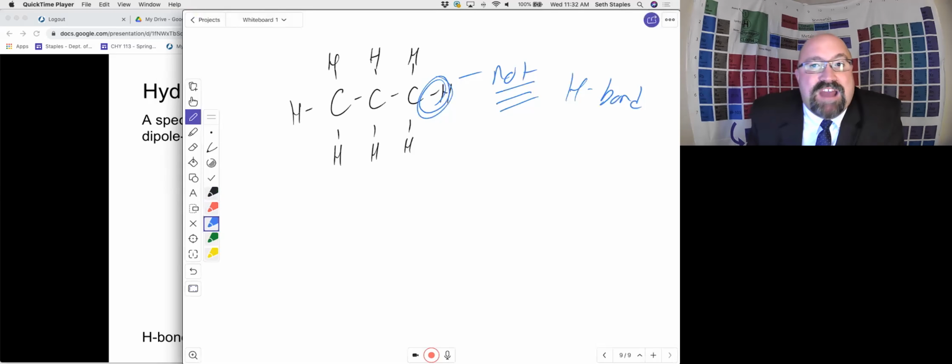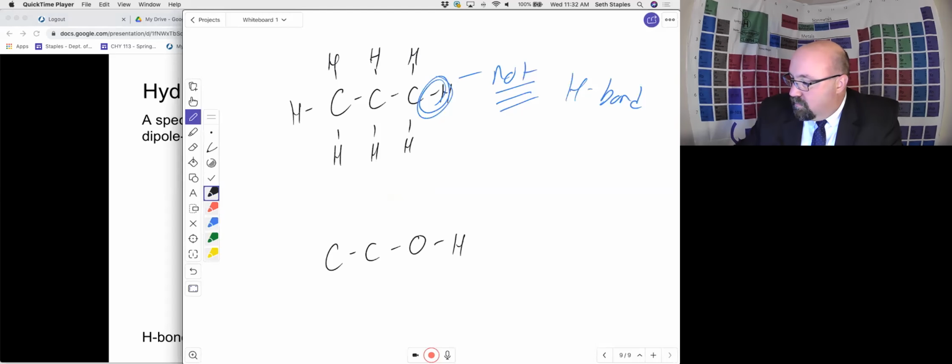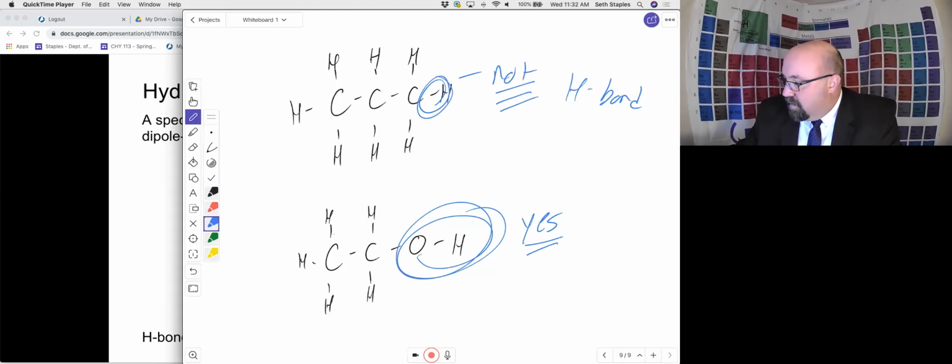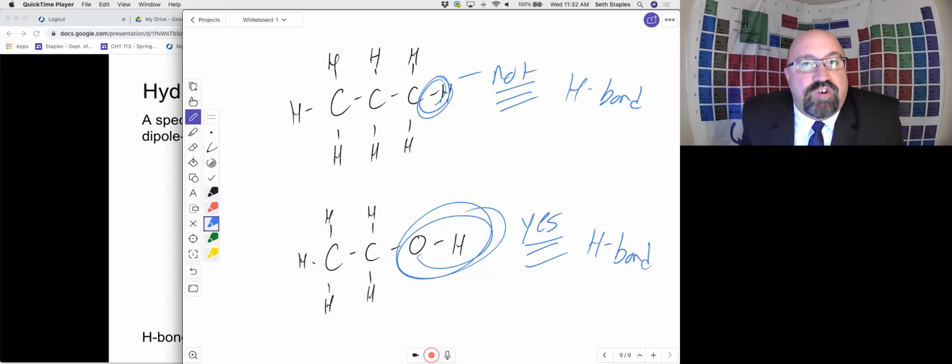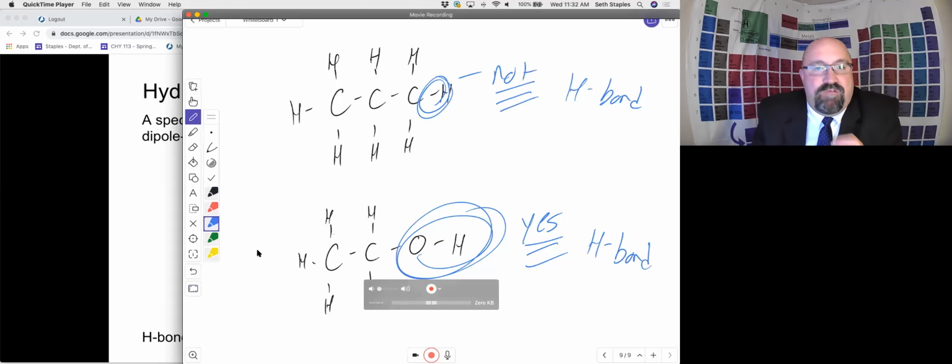It's a carbon attached to a hydrogen. That is not a hydrogen bond. In this example, however, this is a hydrogen bond situation. We have an oxygen attached to a hydrogen. Now we have hydrogen bonding.